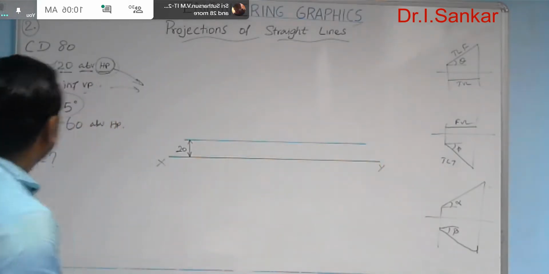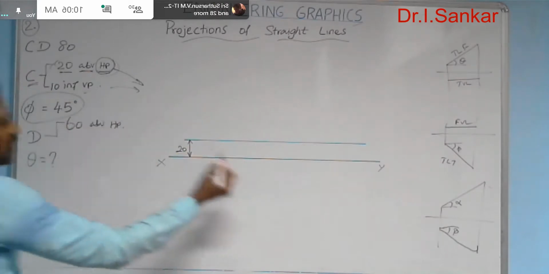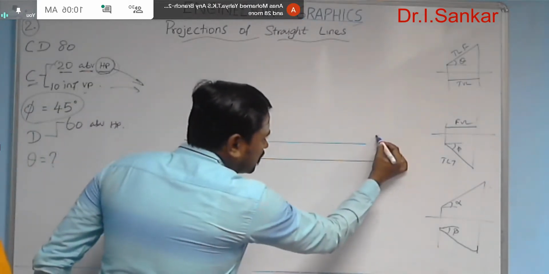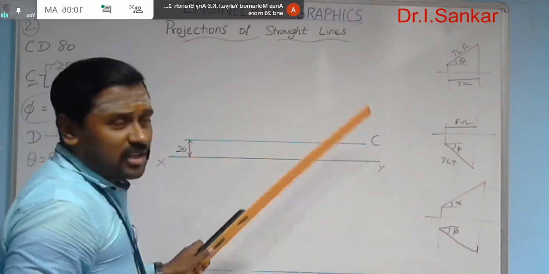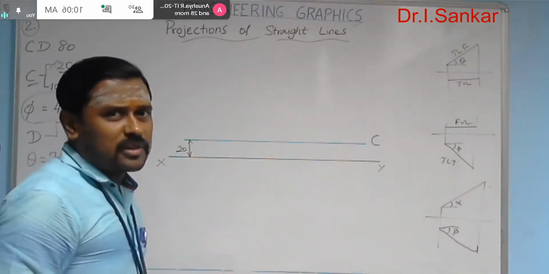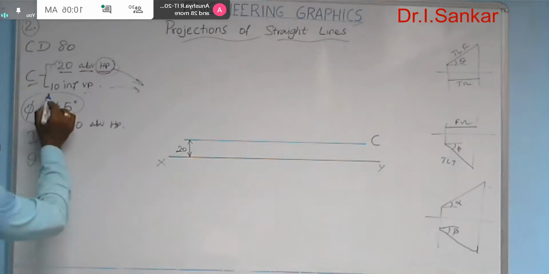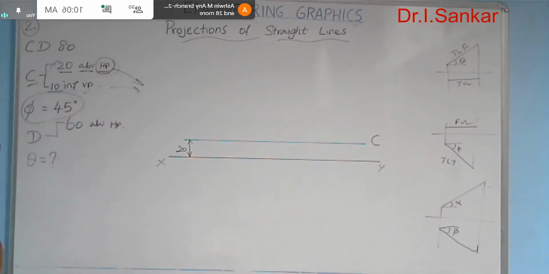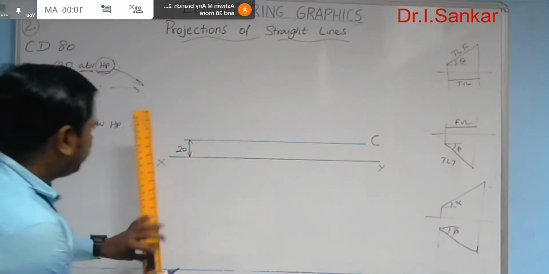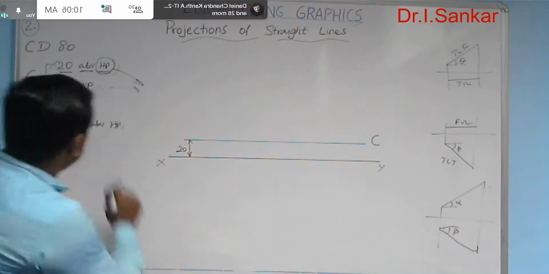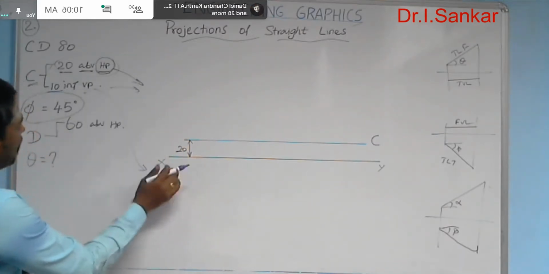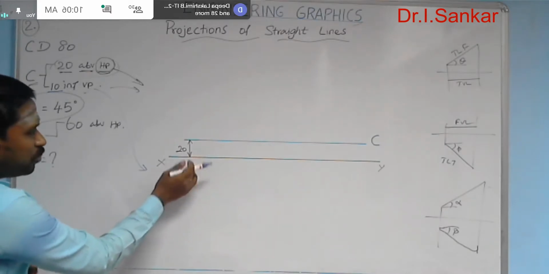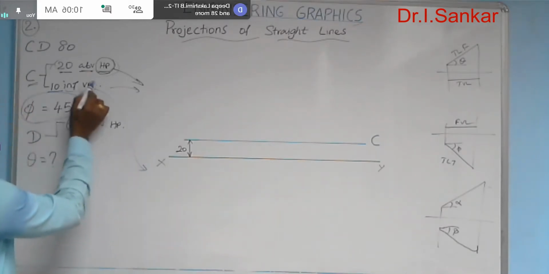Right. Then, for your understanding purpose, I am mentioning the term C here, but in your answer, you need not mention the name of the locus. Okay. And the C is 10 mm in front of VP. So by this data, I can draw the locus of C in the top view area. I need to draw the locus 10 mm below XY, because it is in front of VP.